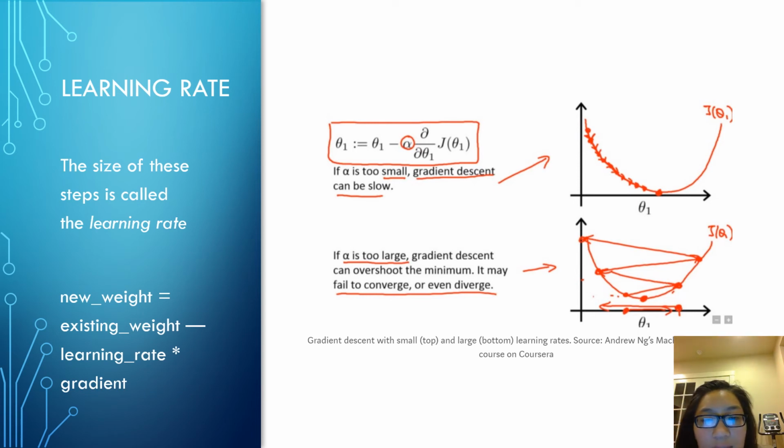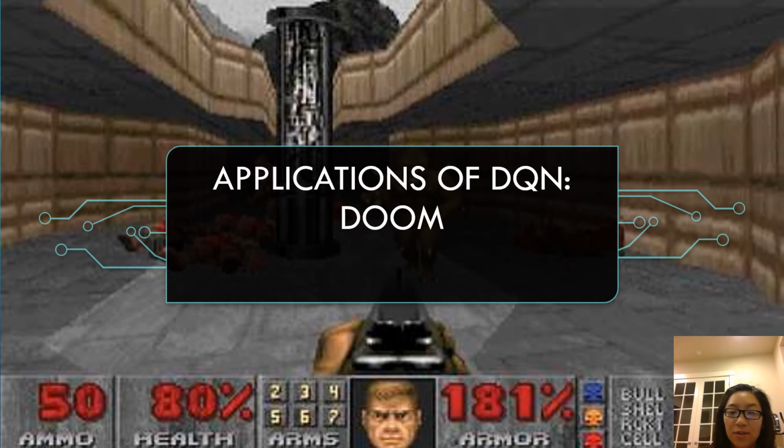We can see here that if alpha, the learning rate, is small, the gradient descent can be slow, but the convergence is quite accurate. If alpha is large, the gradient descent can overshoot the minimum and it may fail to converge.